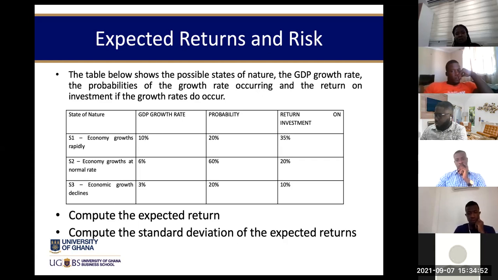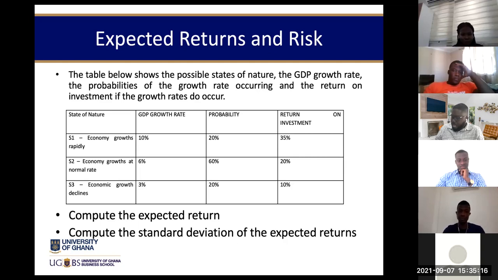The probabilities used by, let's say, Databank may be different from what is used by Tesla Capital, and probably different from what is used by another investment firm. We call this heterogeneous expectations. We don't all have the same expectation. Sometimes somebody asks me, why is somebody buying a stock and why is somebody selling the same stock?